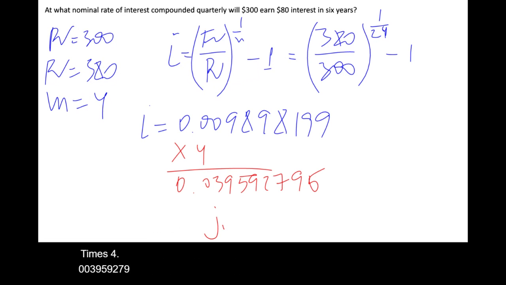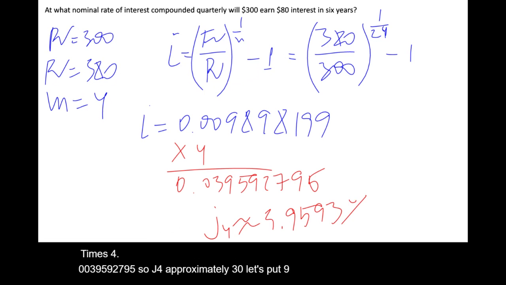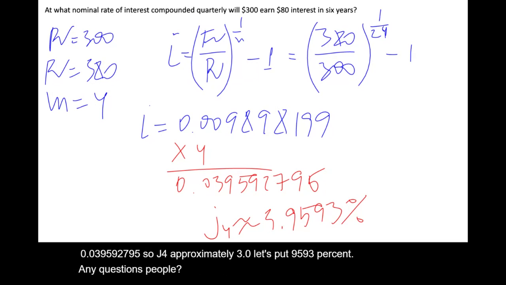So J4 approximately 3.9593%. Any questions, people? Okay, next.